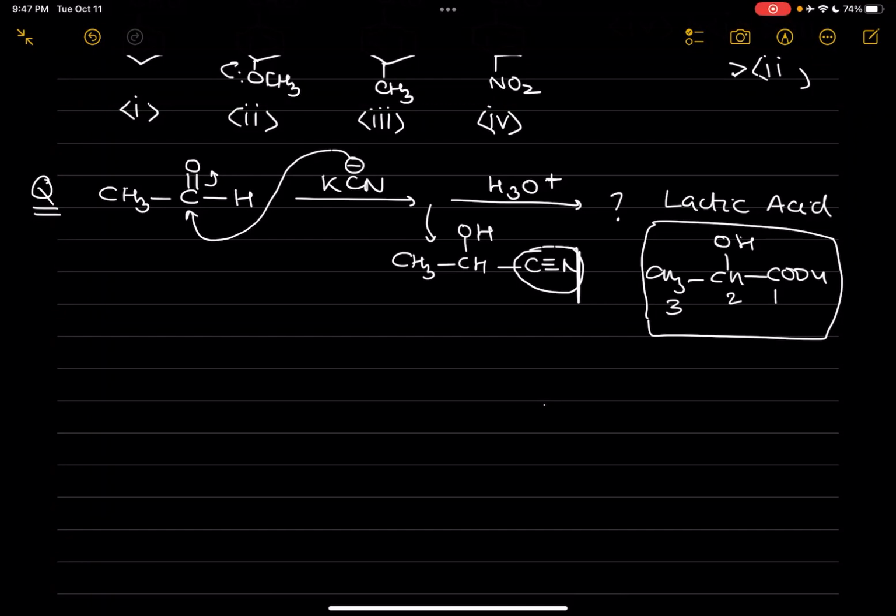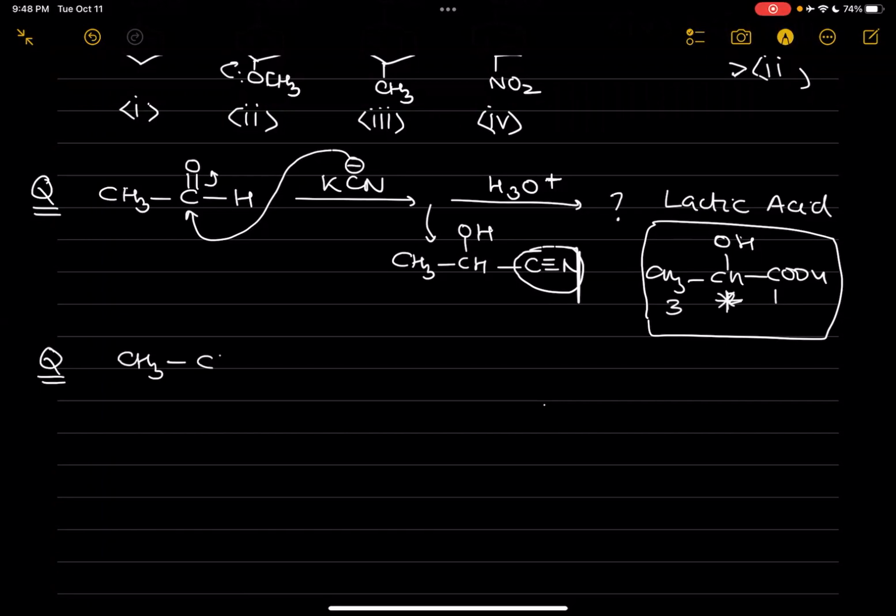In one isomer the OH group is as such, in the second isomer the OH and the other group are exchanged. Actually, what type of isomers are they? Stereoisomers, optical isomers. They are enantiomers, right? Clear, because there is a chiral carbon.